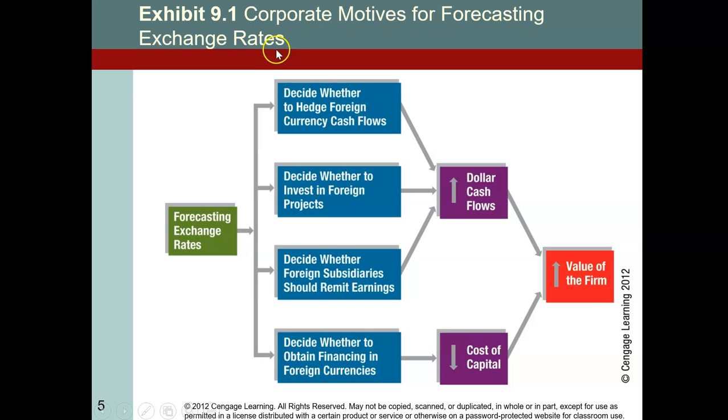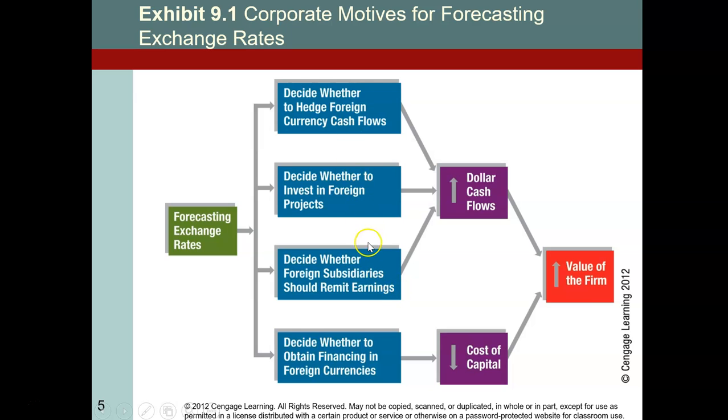All right, so this graph shows the corporate motivations for forecasting exchange rates. It includes decide whether to hedge foreign currency cash flows, decide whether to invest in foreign projects, decide whether foreign subsidiaries should remit earnings.